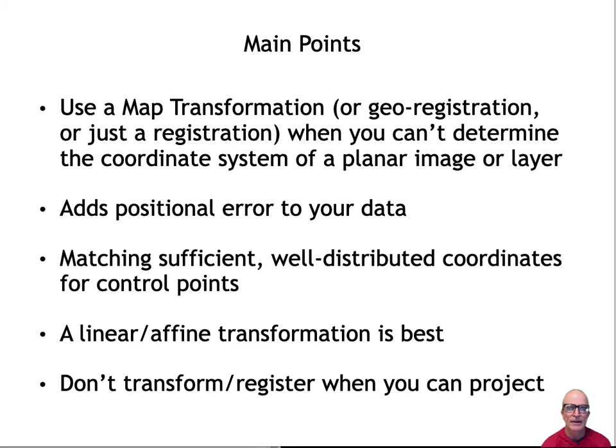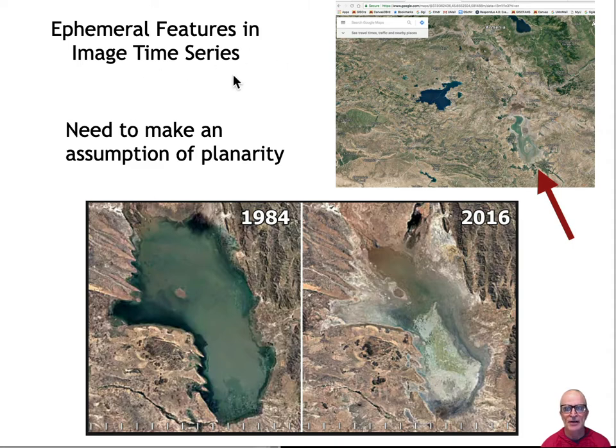So here's another example. This is actually something a graduate student used. They were looking at a time series of data, and they had time series of images from Eastern Europe that had never been registered. And so these were planar because they were taken from high aerial views with mapping cameras, but the earlier sequence of images from the 1930s to the 1980s had never been scanned or registered.